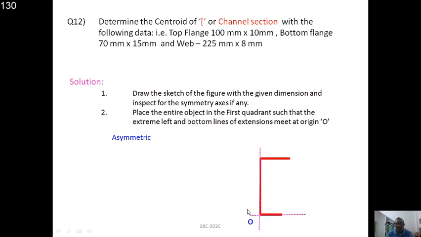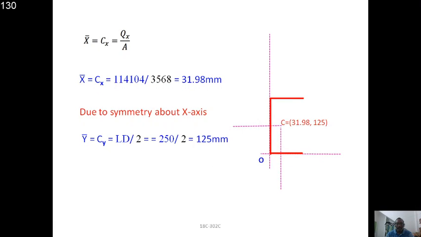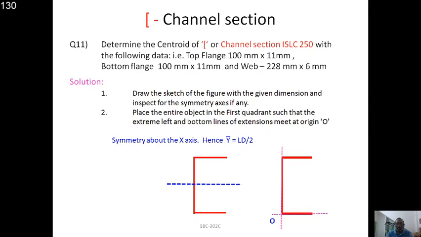So now you can see the same thing here. 100 is the top, therefore this dimension is higher, and at the bottom flange it is 70, hence this is the 70, right? So this is asymmetric about the x-axis also, parallel to the x-axis also it is asymmetric. So now the figure has to be drawn with the dimensions.